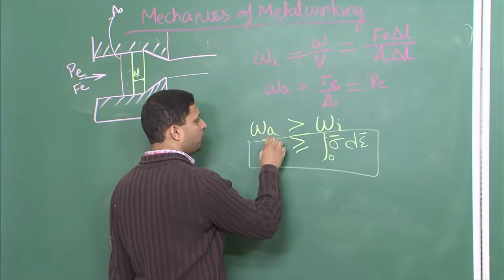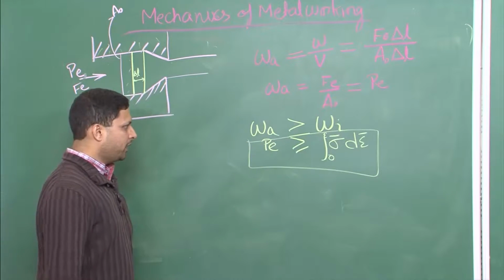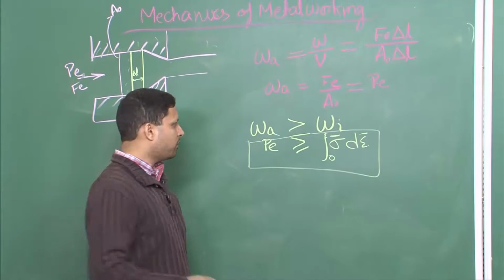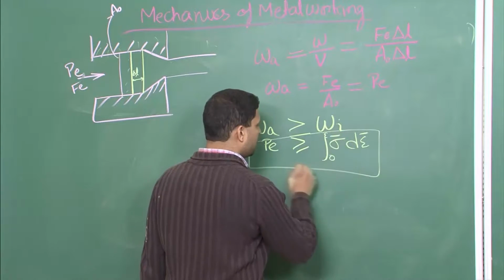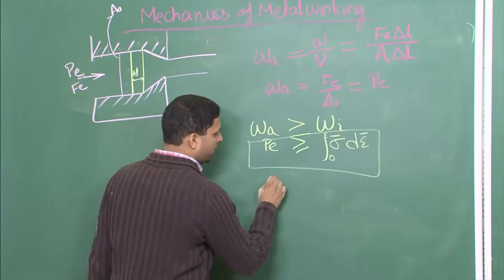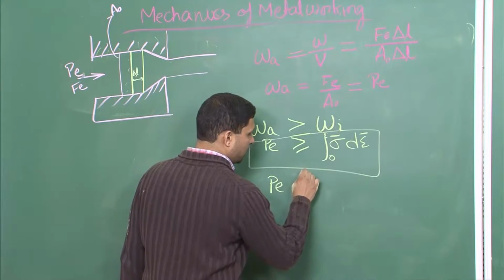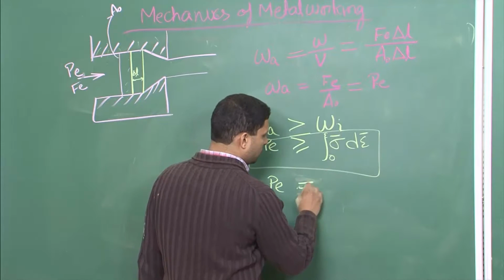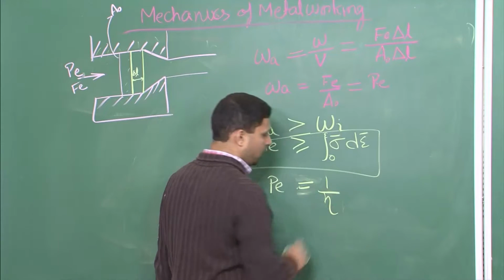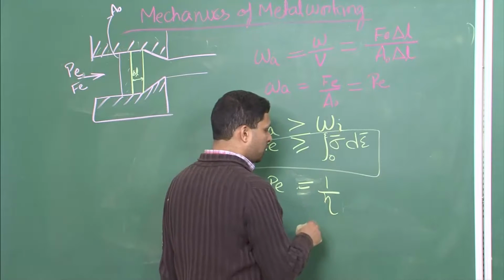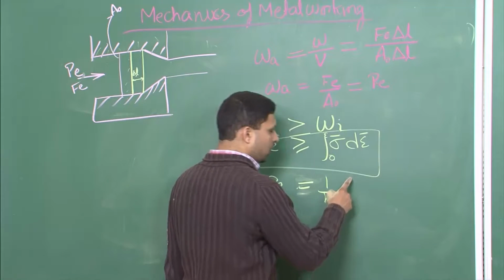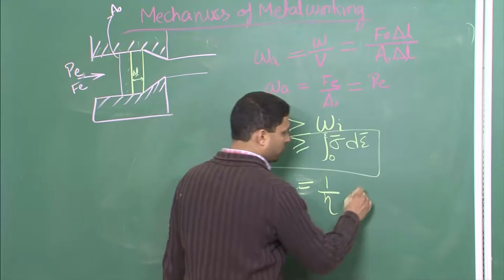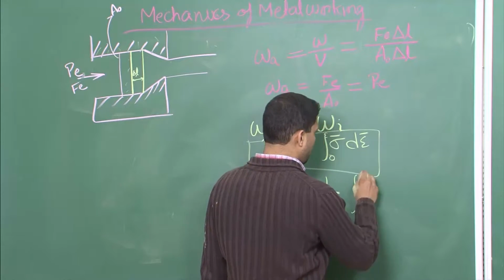We already know that W actual should be greater than W ideal, and here W actual is nothing but the actual pressure that you are applying, and this is your ideal work. So, PE has to be greater than this, or in other words you could have said PE is equal to 1 over eta. Eta is the efficiency, because in terms of ideal work, W ideal by eta is the actual work, which is equal to PE. So, we can write it like this.